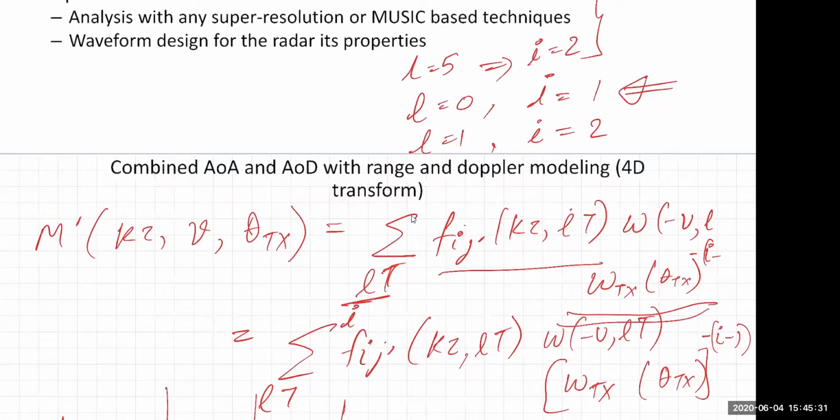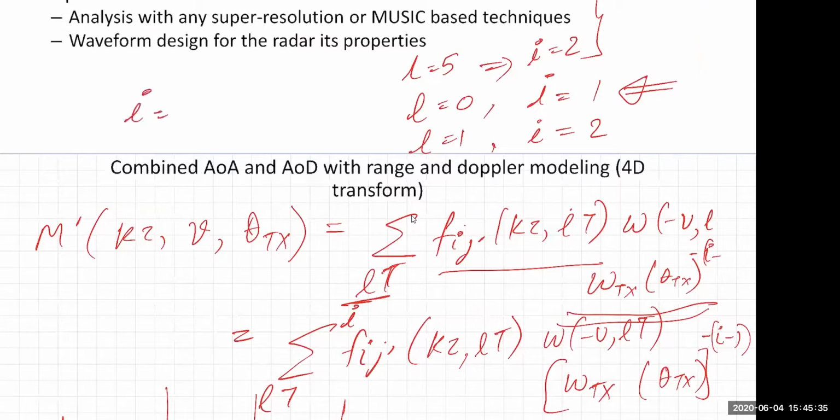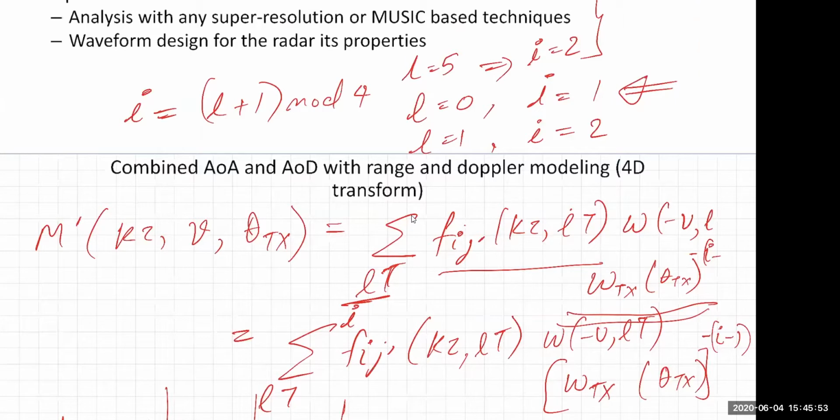So I is, as we discussed, L plus 1 mod 4. Make sense, Eric? Okay.